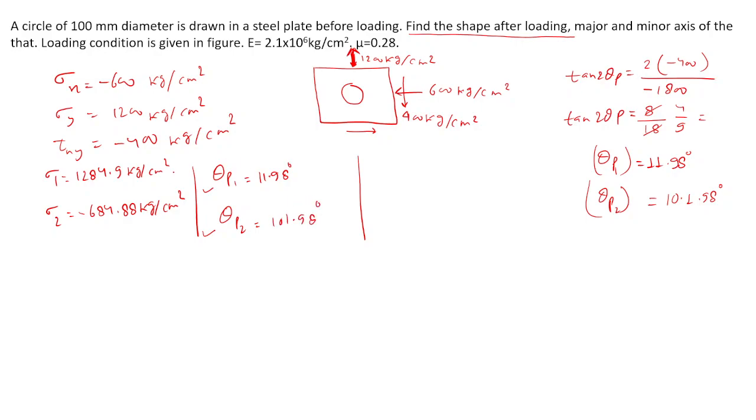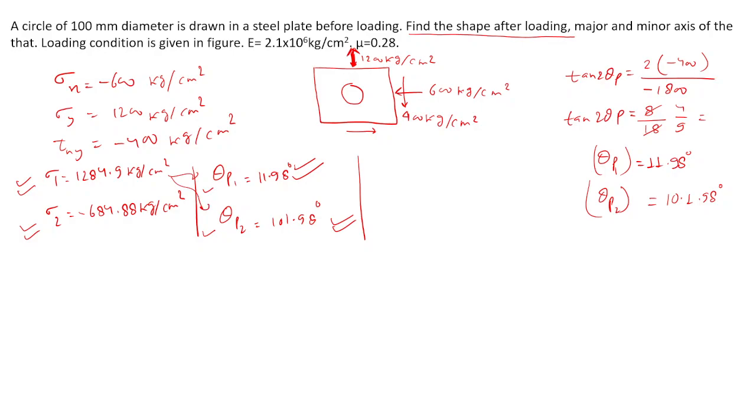Now, is this principal axis the major principal axis or minor? How will you decide? The one in tension will be the principal major and the one in compression will be minor. Now you have two options and two sigma values. Which stress belongs to this one or this one? How will you decide?